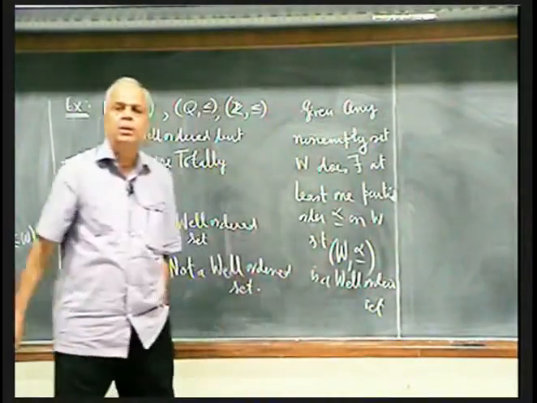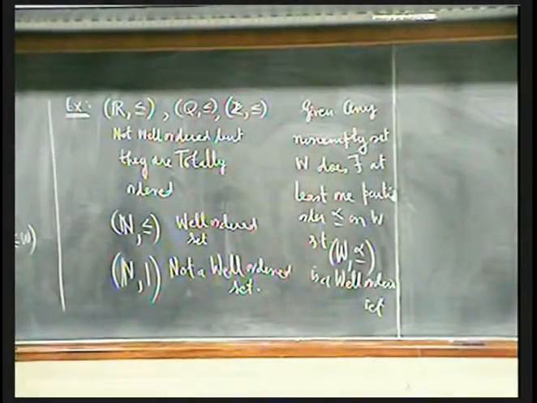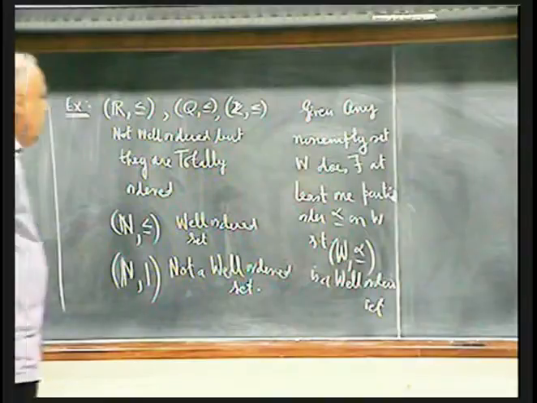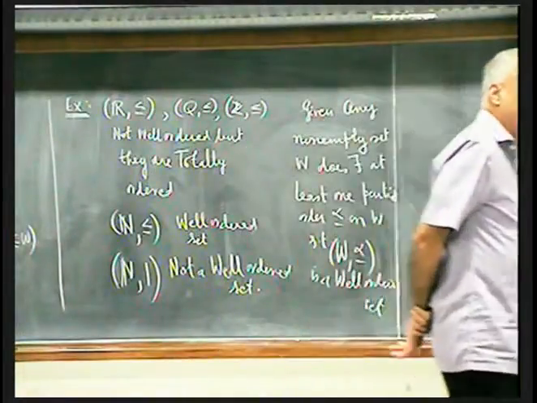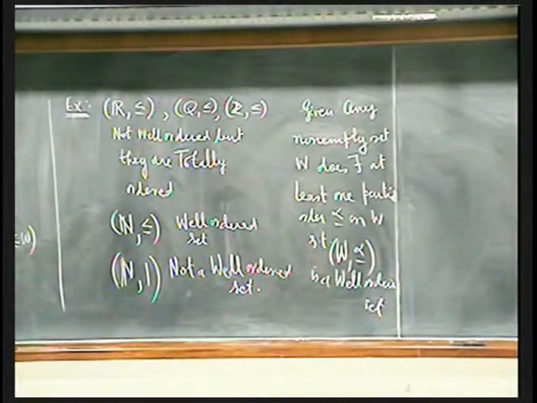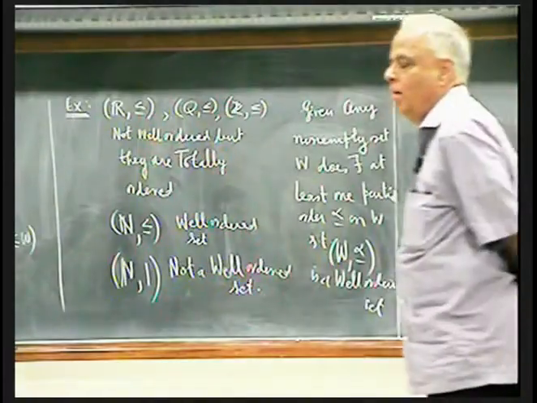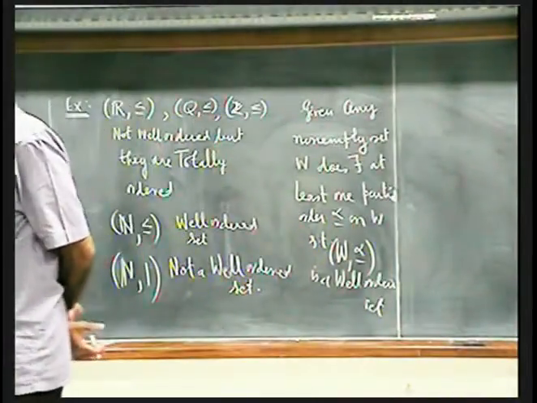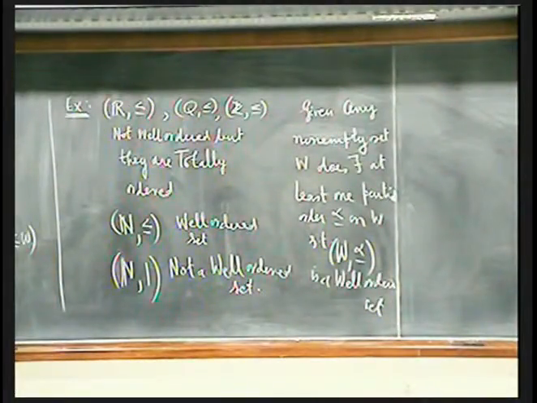So we call this partial order a well ordering. Now the answer to this question, that it is possible to get a partial order for any given set which makes it a well ordered set, is known as the well ordering theorem.